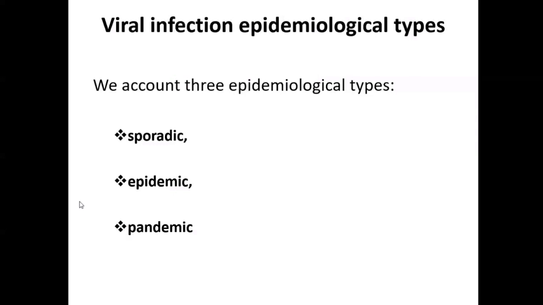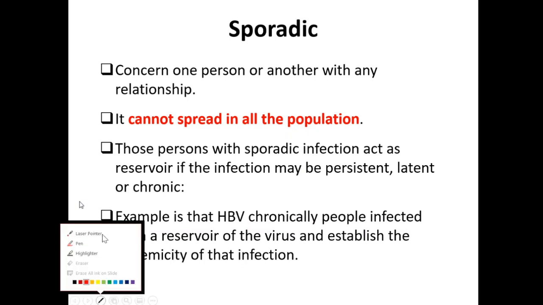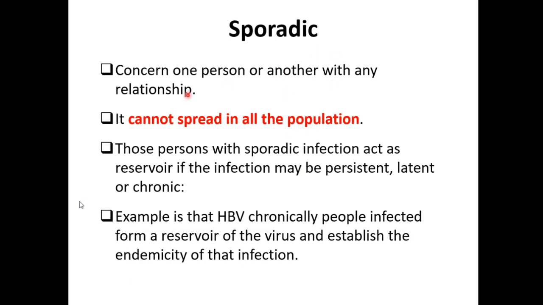Epidemic or outbreak are regular, while sporadic are just localized in one person or other with relationship, just closed in very few people. It cannot spread in all the population. It's just restricted in few people, closely related. Those persons with sporadic infection act as reservoir, so they have a persistent infection, latent or chronic.